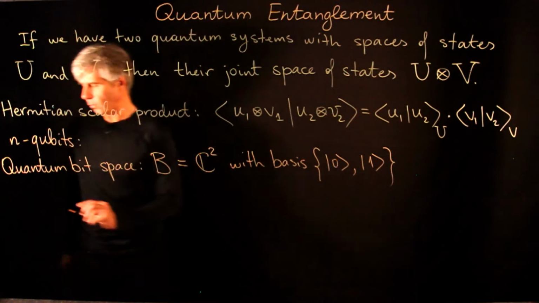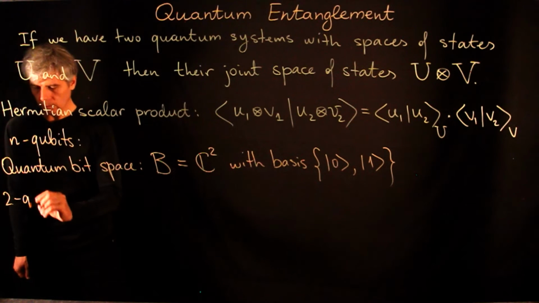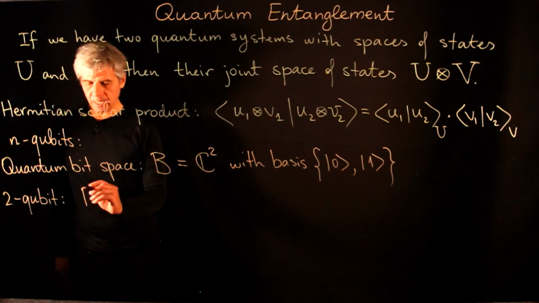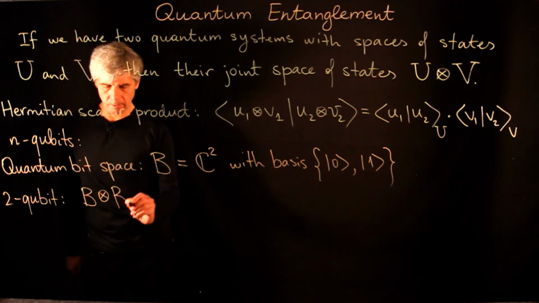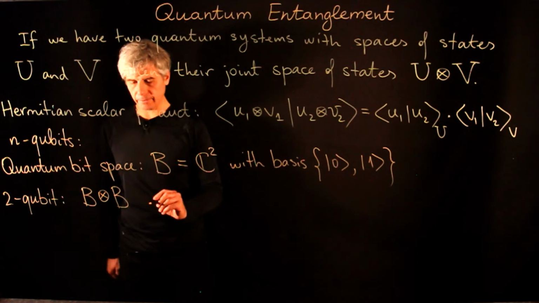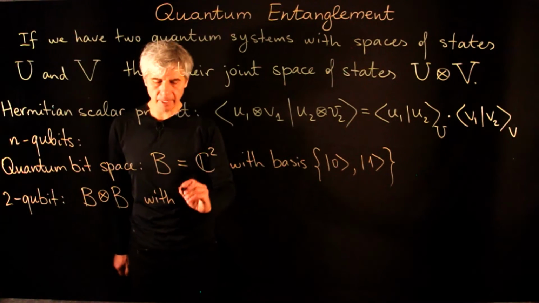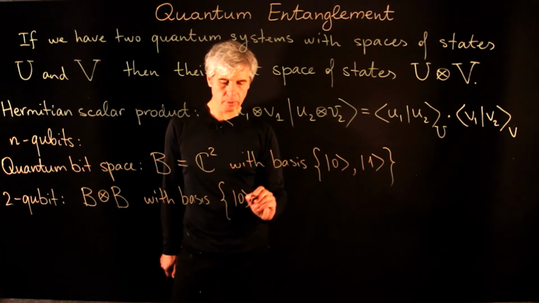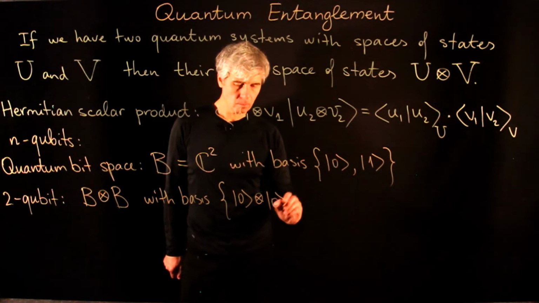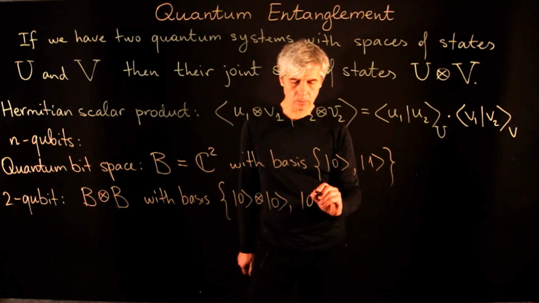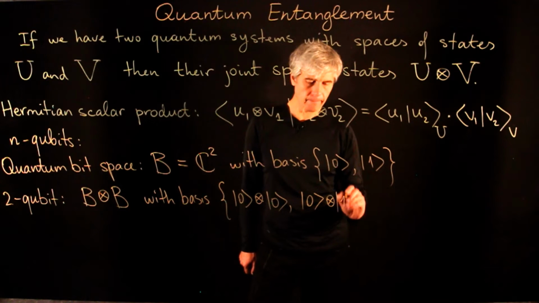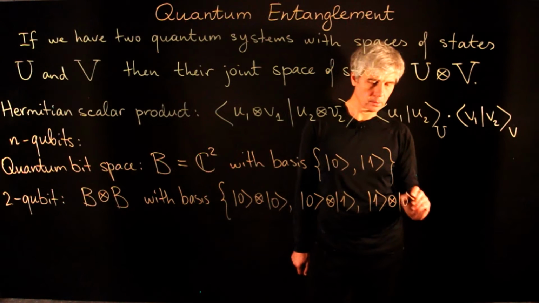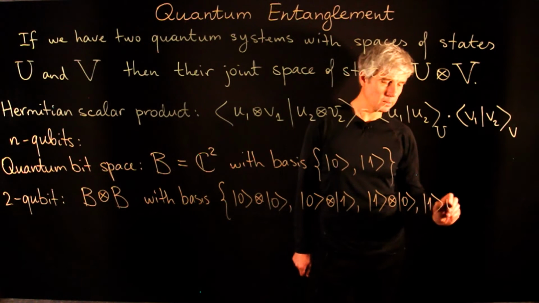And then what's a 2-qubit? A 2-qubit will be B tensor with B. This will have bases 0 tensor 0, 0 tensor 1, 1 tensor 0, and 1 tensor 1.